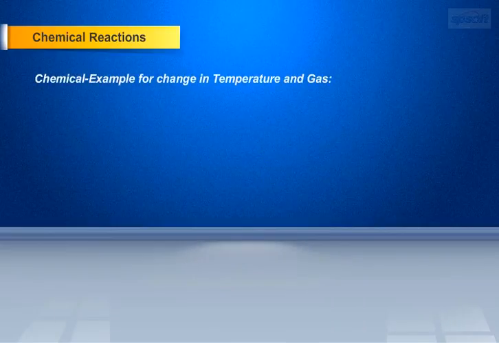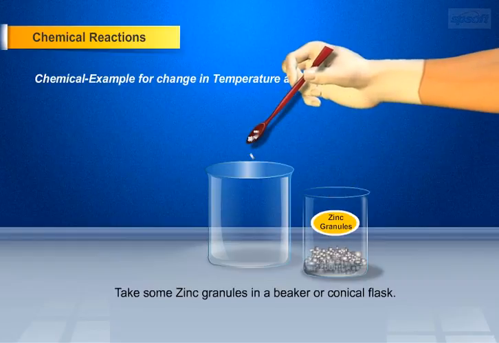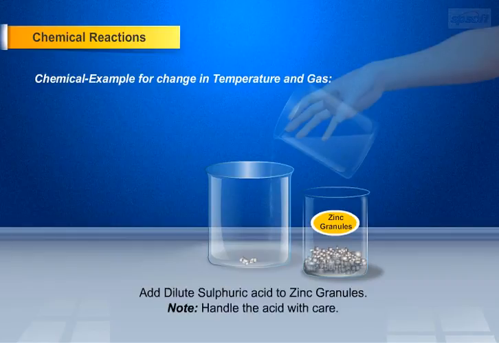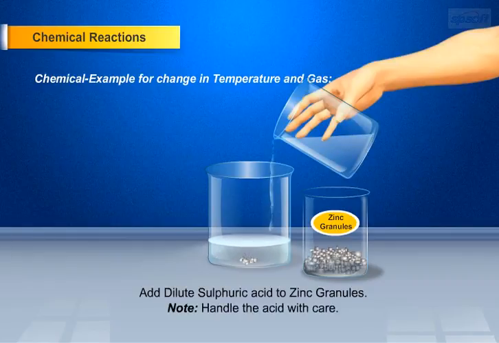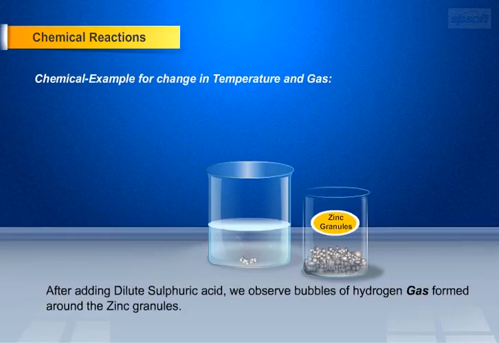Let's do an experiment for chemical change in temperature and gas with dilute sulfuric acid and zinc. Take some zinc granules in a beaker or conical flask. Add dilute sulfuric acid to zinc granules. Handle the acid with care. After adding dilute sulfuric acid, we observe bubbles of hydrogen gas formed around the zinc granules.